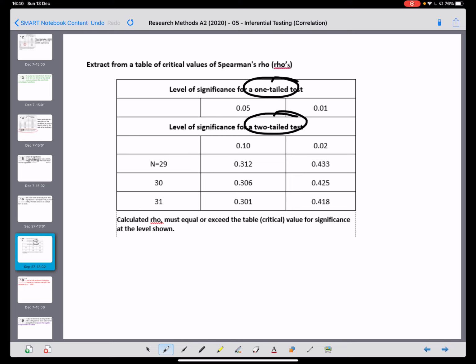We also see that they've used calculated rather than observed. So you need to make a mental note that observed and calculated mean the same thing, and that directional and one-tailed mean the same thing, and non-directional and two-tailed mean the same thing. Now, I know for the mathematicians out there, you might be screaming at me saying that's completely wrong, but my job is to help to simplify things.